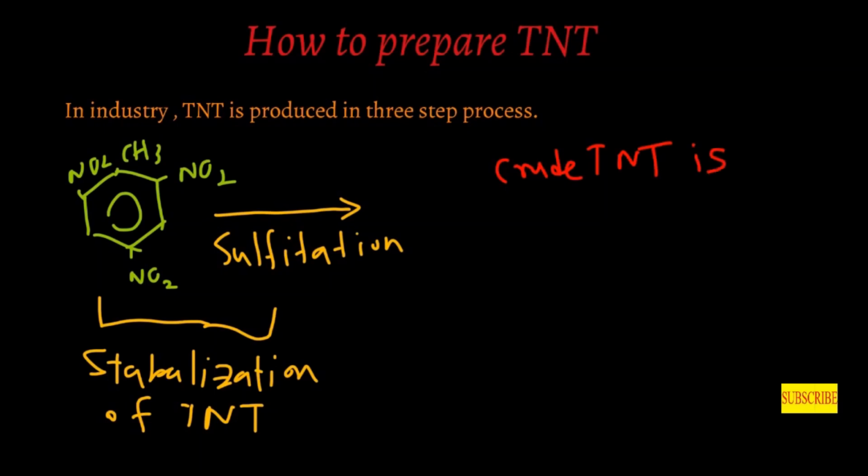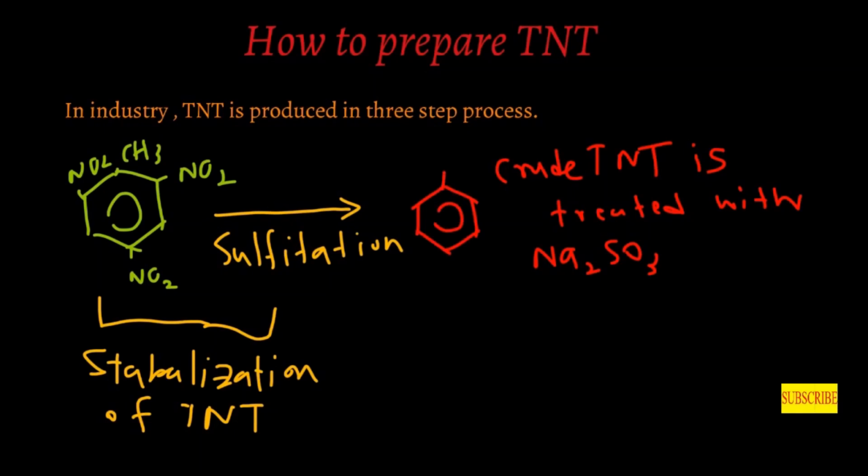I will show you this mechanism in a reaction. TNT is treated with sodium sulfide. The purpose of using sodium sulfide is to remove the less desirable isomers of toluene and all the undesired products which occurred in this mechanism.